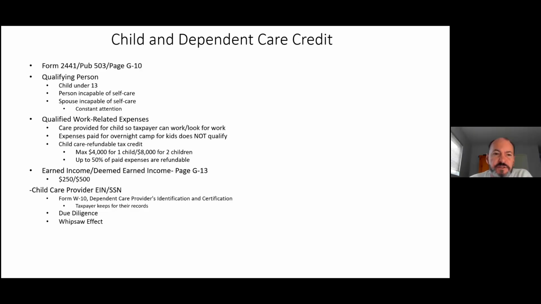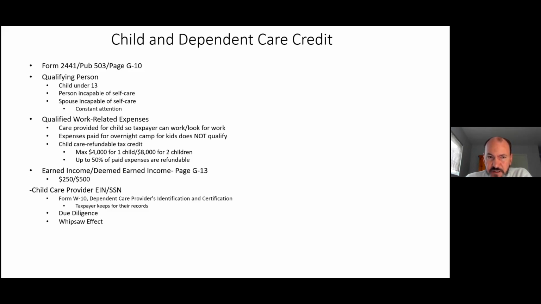Okay. All right, so let's talk a little bit about the child and dependent care expense credit. This particular credit has changed significantly for tax year 2021, and some of the same rules still exist. You're talking about someone who is dropping typically their child off, or their child is being watched by someone, because that person is either going to work, that person is going to school, or that person is looking for work.